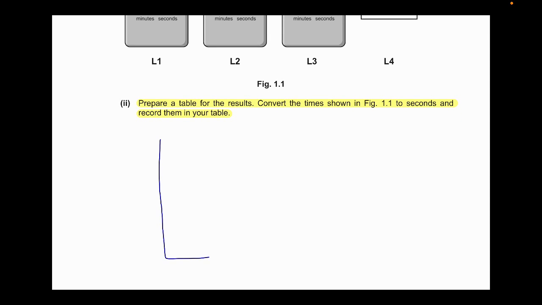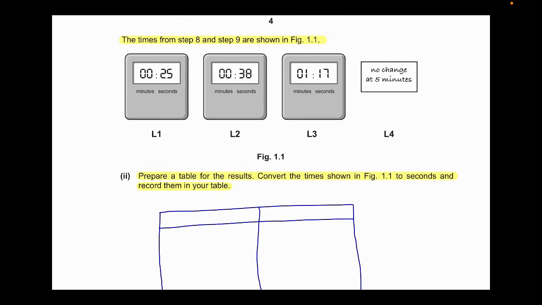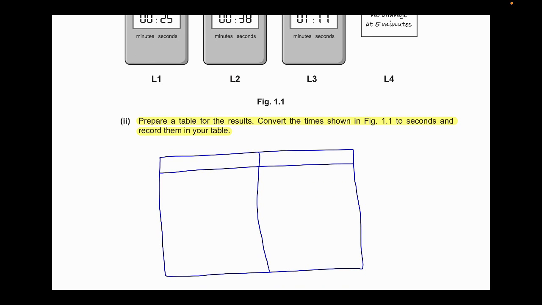To recognize the particular test tube, we can use L1, L2, L3 and L4 because they are the ones that are mentioned in figure 1.1. So first of all, test tube, and the other column will be time in seconds needed for it to change color.